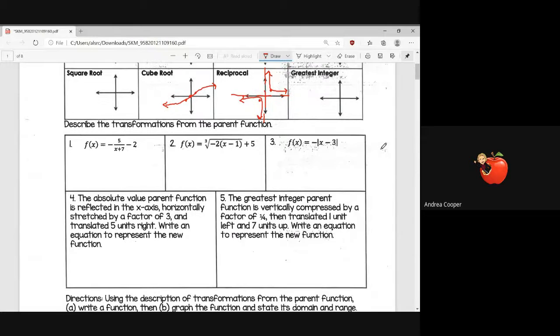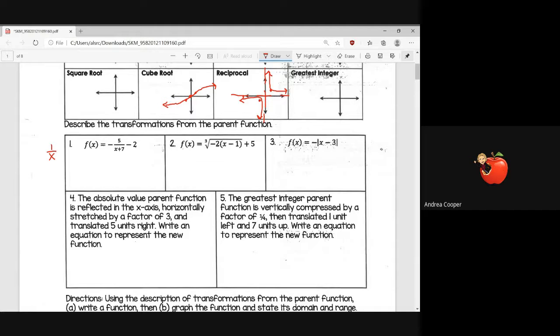Okay. Describe the transformations from the parent function. So this is remembering what the parent function is and what I do to that parent function when I move it. For example, on number one, my parent function is 1 over x.